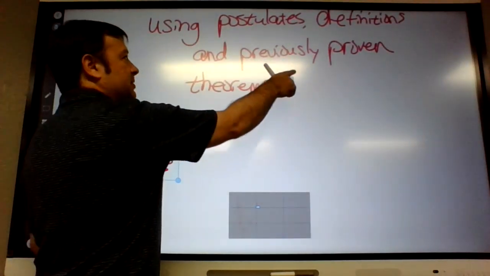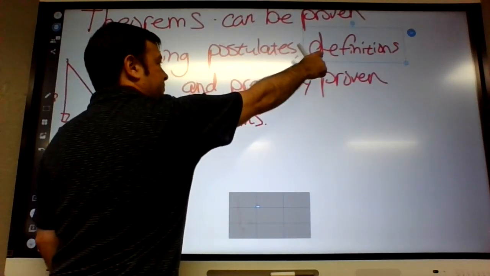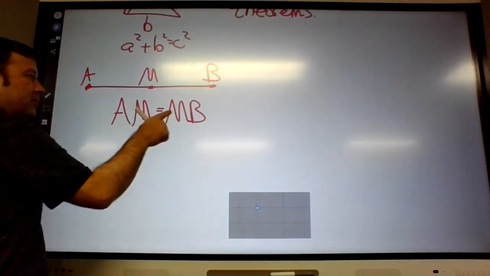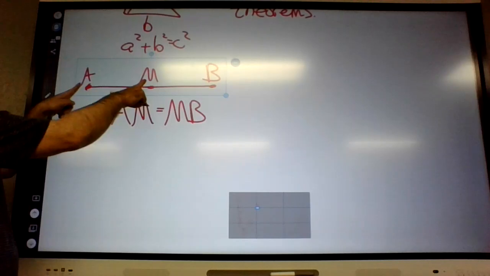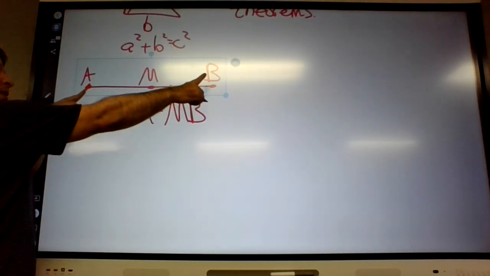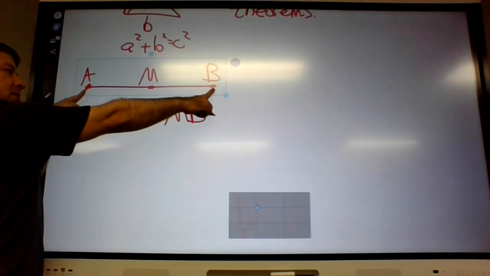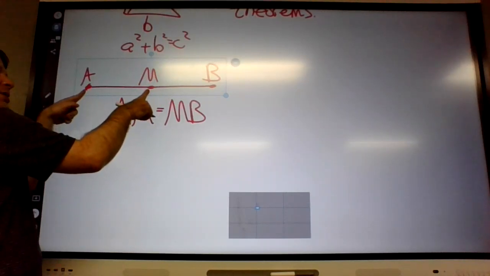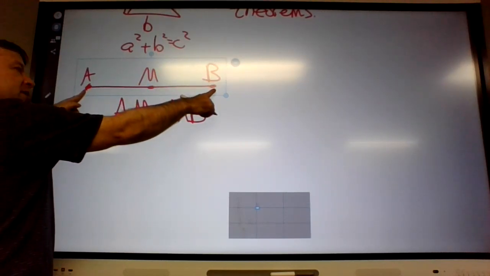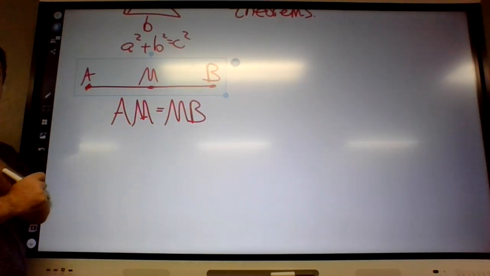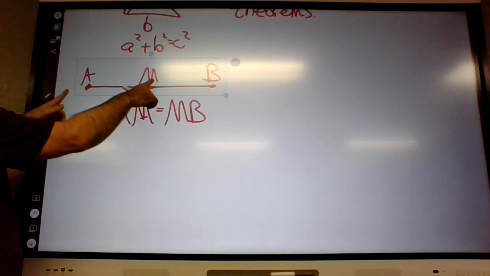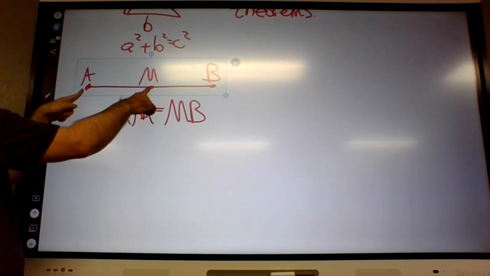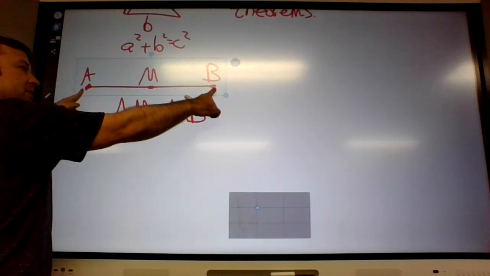Now, notice I mentioned definitions right here. But there's something else we could say. If M is the midpoint, what do you think we know about the length of AM compared to the length of AB? If M is right in the middle, how might the length of AM compare to the length of AB?